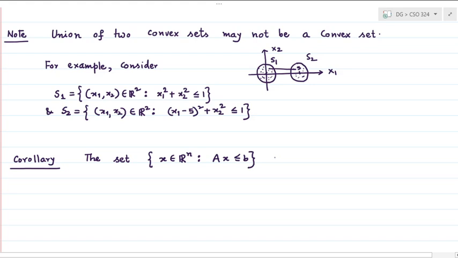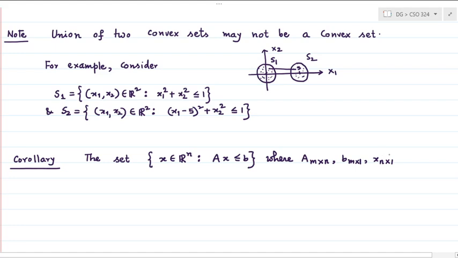That is the representation of m many inequalities, where A is a matrix of order m by n and b is a vector of m by 1, and x also has n components.